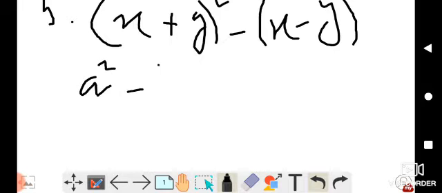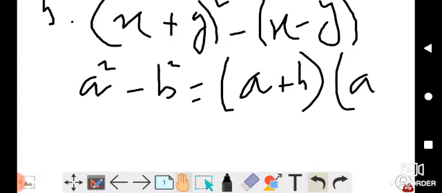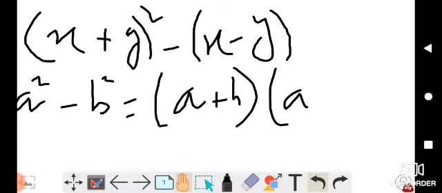a square minus b square is equal to, beta, in this formula two brackets should be there: one bracket is a plus b, and the second bracket is a minus b.